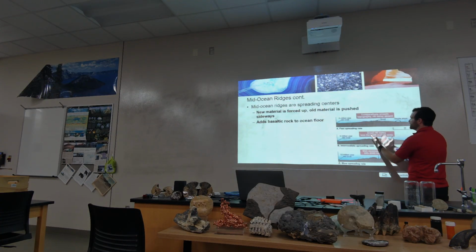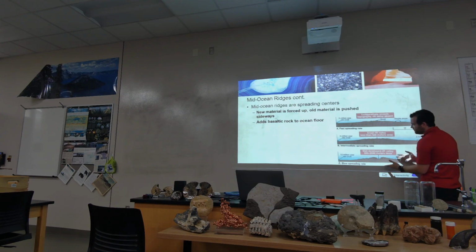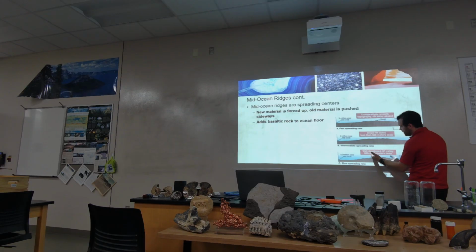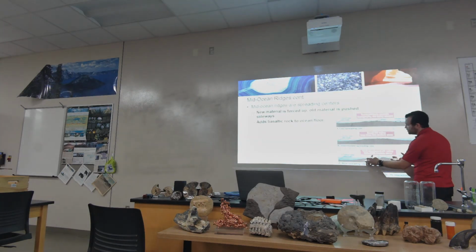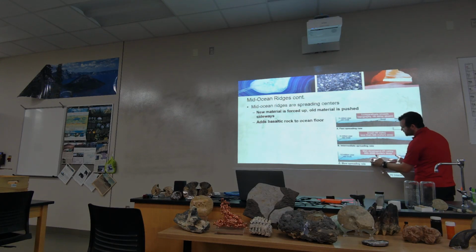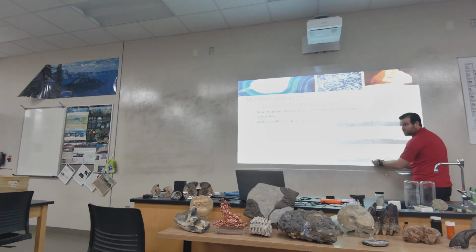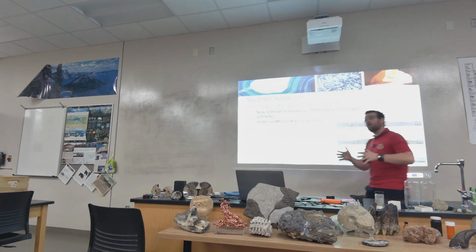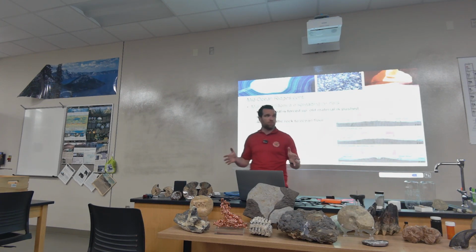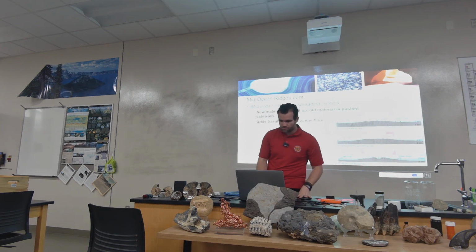You start getting faulting and fractures here along the top as the pressure to spread them apart increases, and eventually that fracturing, ridging, faulting system causes a separation between the two plates, and you get new material that comes up between the two, and it adds to both sides, pushing them further and further apart, adding new igneous mafic material to both sides of these plates.